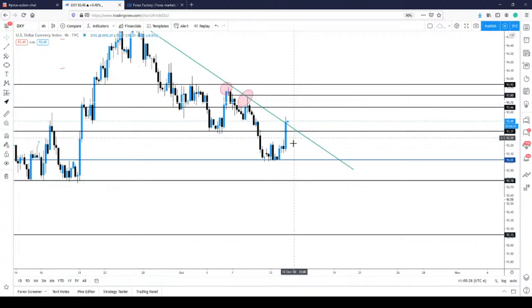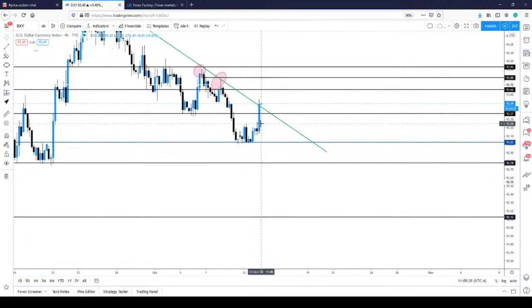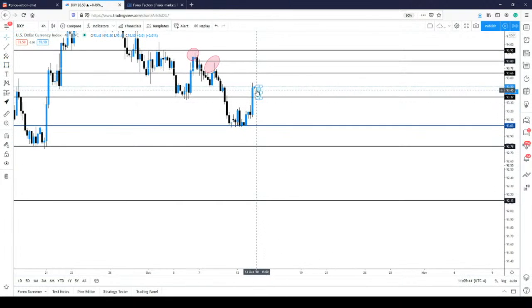So don't get caught into that. But we'll know by the end of the day where the dollar index is headed. If we do start to see candles pulling back like that, then you know that this is just the next leg down.